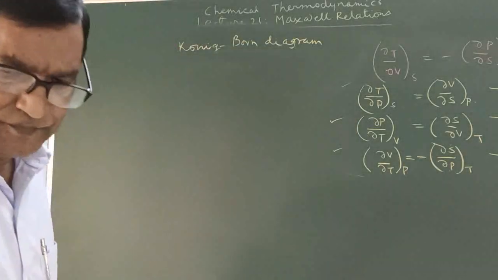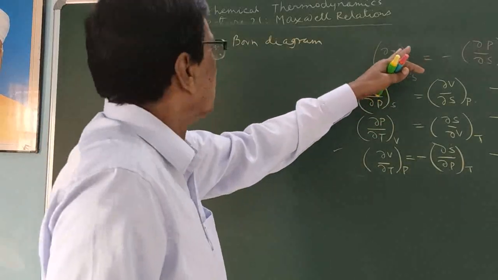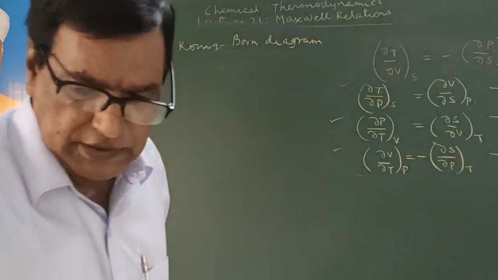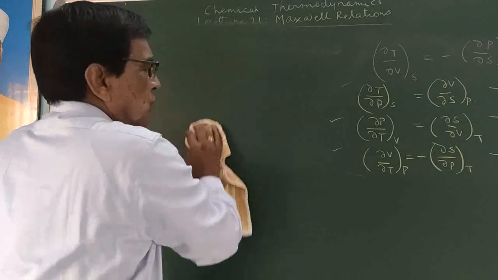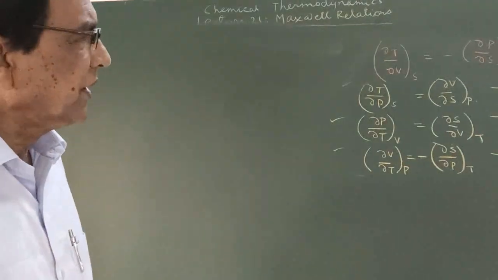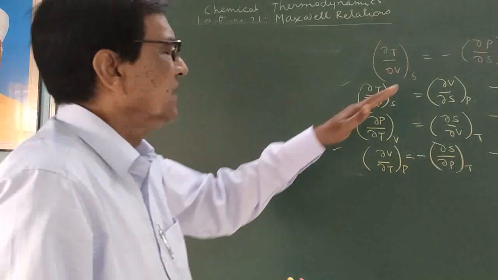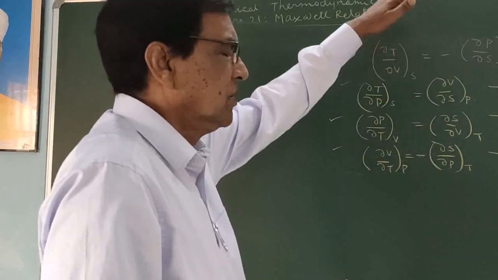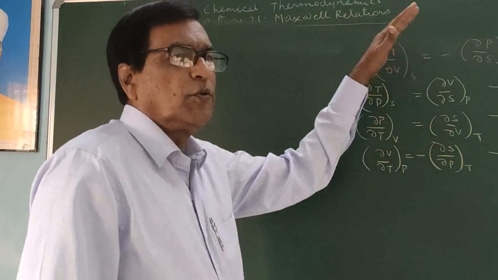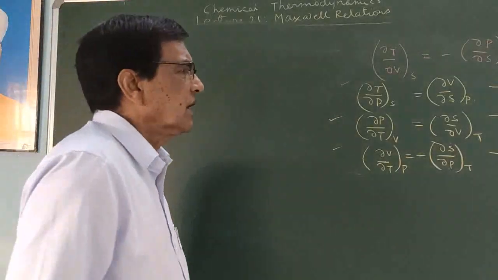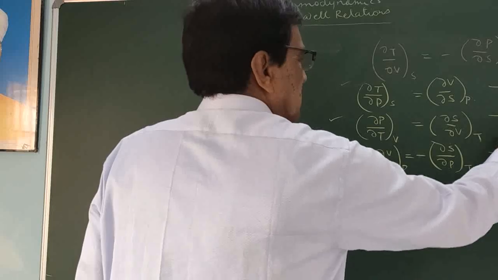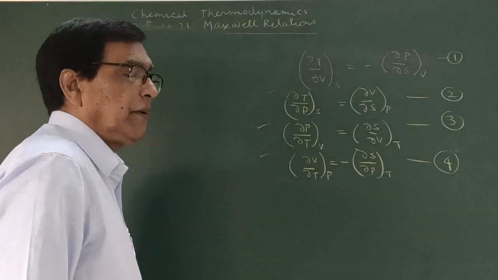Among these relations, it is to be remembered that these two relations are not referred to any process. These are the relations for the system whenever it is in equilibrium. And particularly 3 and 4, these two relations are very important.